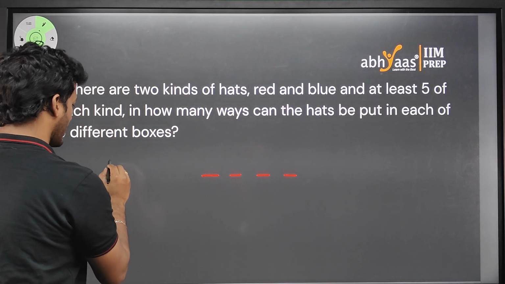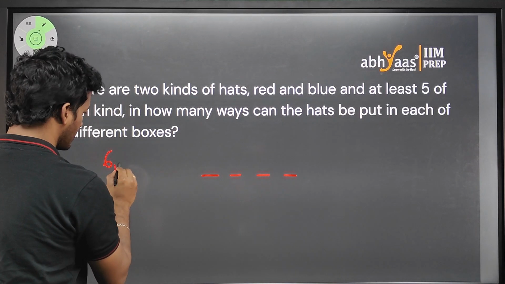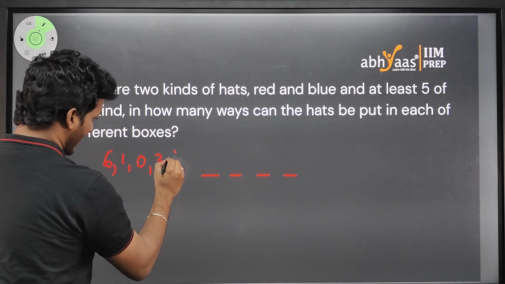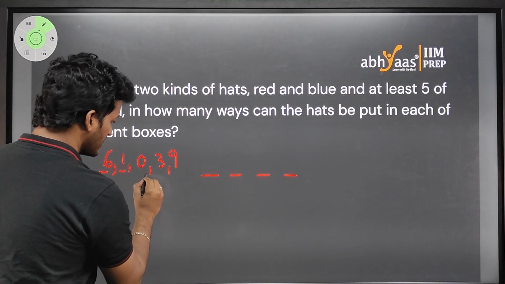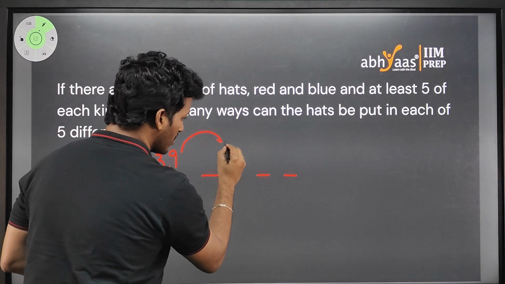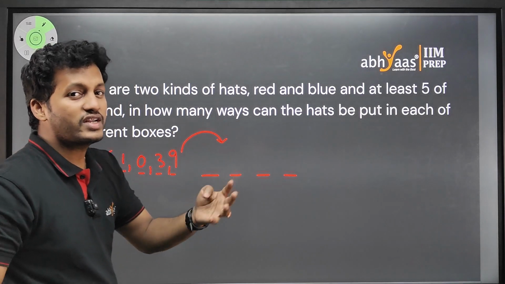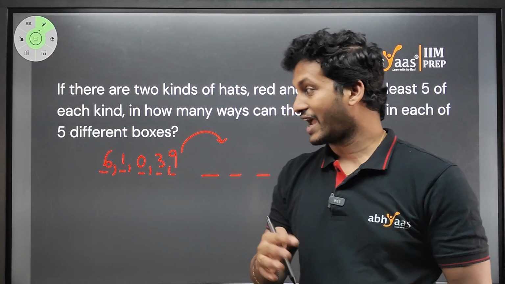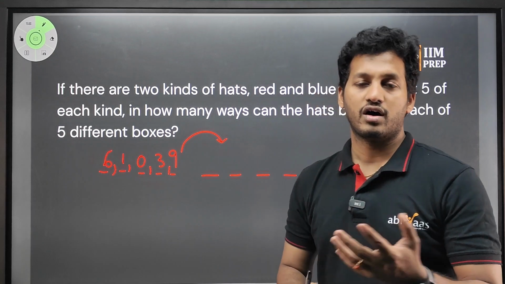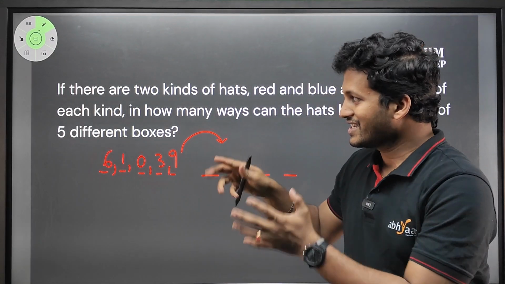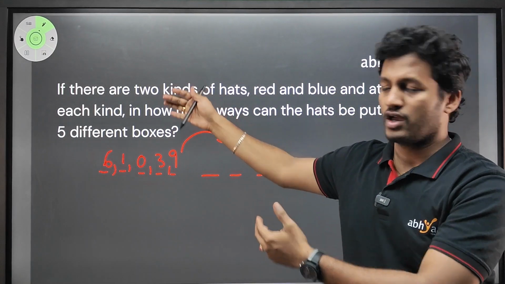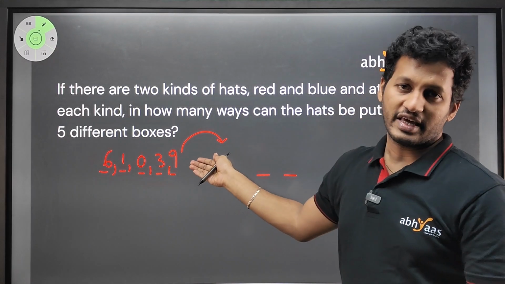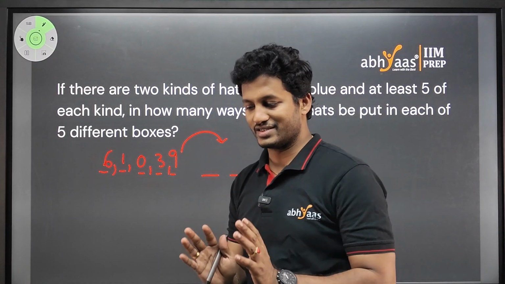Like that, if I give 5 digits, for example 6, 1, 0, 3, 9, with these digits I have to form 4-digit numbers. How many 4-digit numbers can be formed with the given 5 digits? It's just like the previous problem. We have 4 different boxes and I have to fill each box with 1 digit.